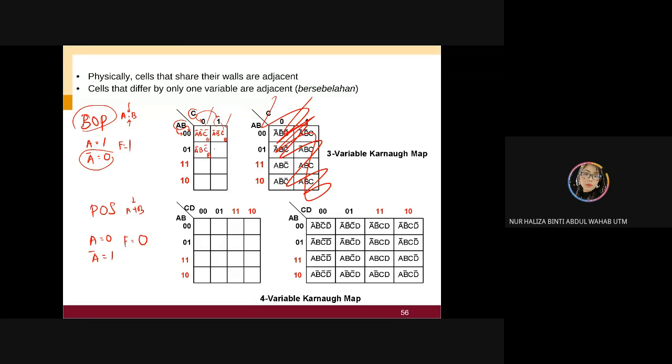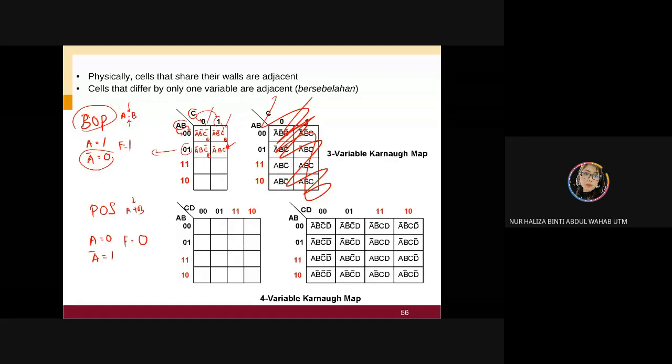My fourth cell, I have A equal to 0, B equal to 1, C equal to 1. If you are still unsure how I'm going to get A bar, B, and C, please make sure you refer back to our previous class yesterday.